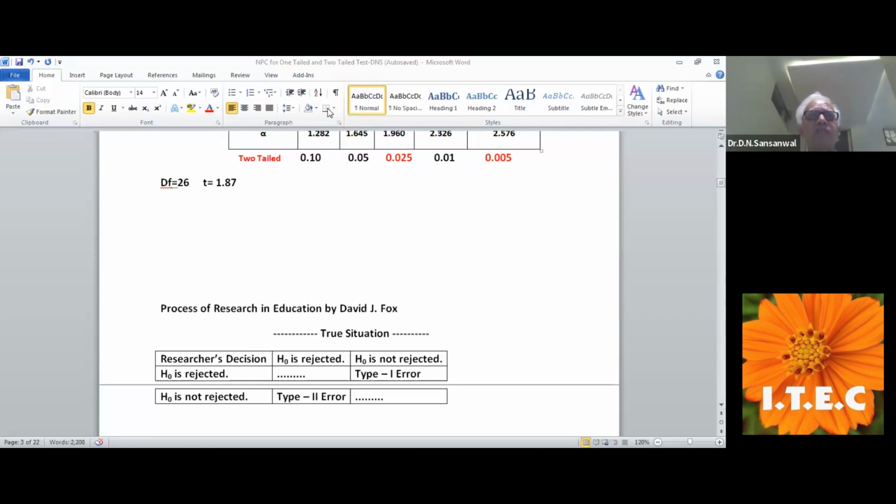Then you have to decide whether you want to test the null hypothesis or the directional hypothesis. If it is the null hypothesis, use the two-tail test. If it is the directional hypothesis, use the one-tail test. Jyoti, is it okay? Then I go to Gaurav.